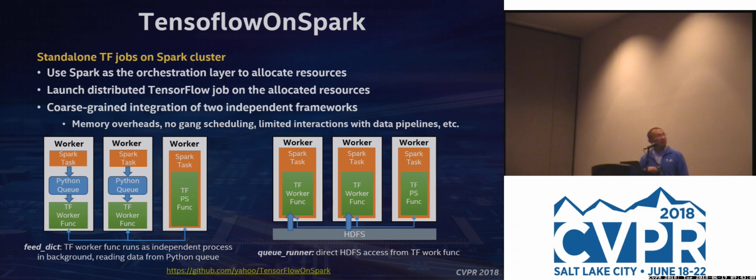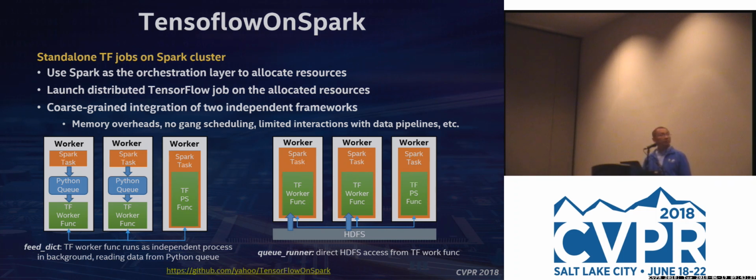So it's a kind of cross integration of two independent frameworks, right? You use Spark to do the resource allocation, and then you have the TensorFlow jobs run on their own. It's a nice way to run distributed TensorFlow jobs on your Spark or Hadoop cluster.